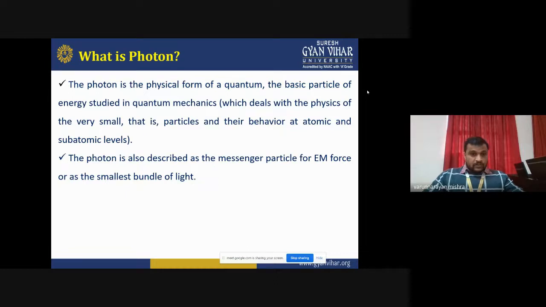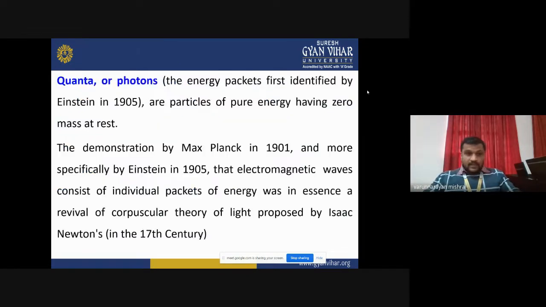The photon is also described as the messenger particle of electromagnetic radiation. When electromagnetic radiation travels through space, there is basically the propagation of photons. These are the particles that describe the propagation of electromagnetic radiation or electromagnetic wave as the smallest bundle of light. So photon, or quanta, can be known as quanta or photon.